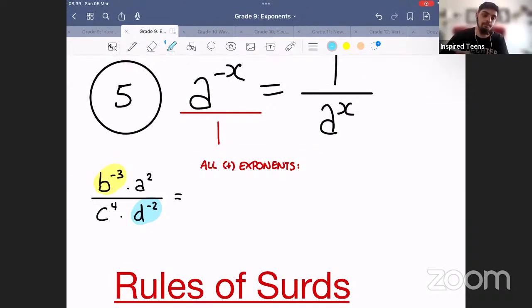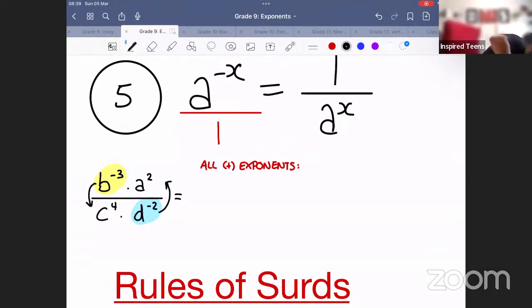Okay, so b to the negative 3 and d to the negative 2, those are the negative ones. So all I can do is take this to the denominator to make it positive, and take this to the numerator to make it positive. I just have to take it to whichever one it's not in.